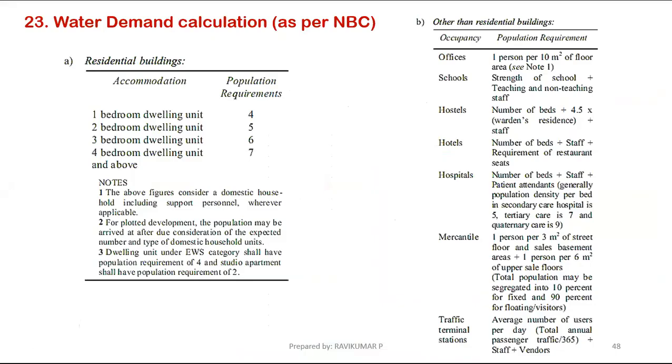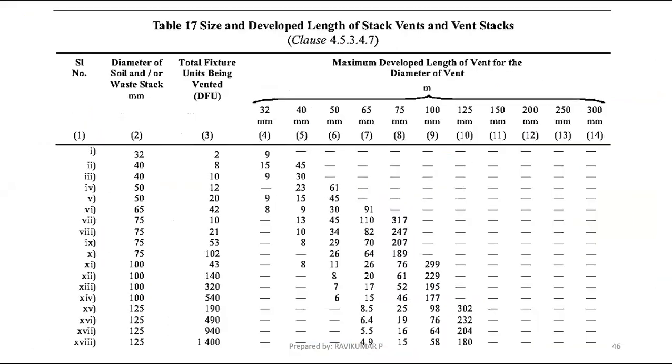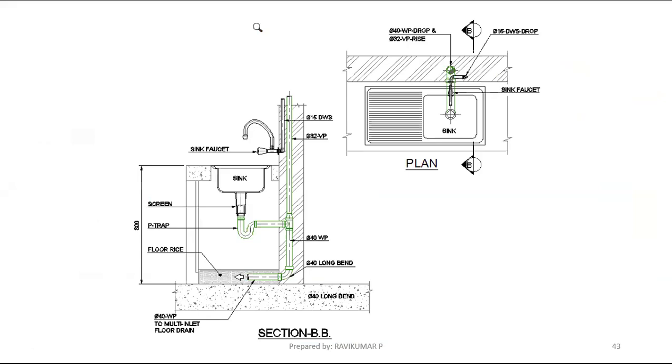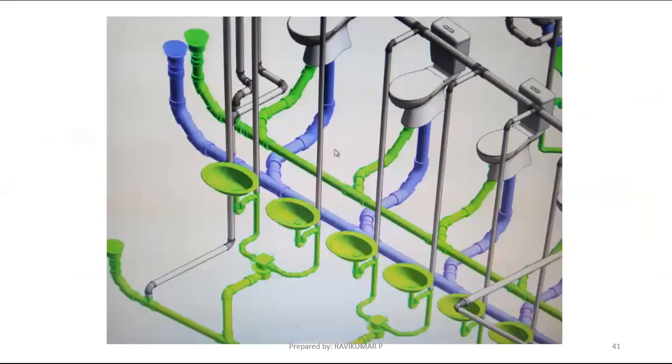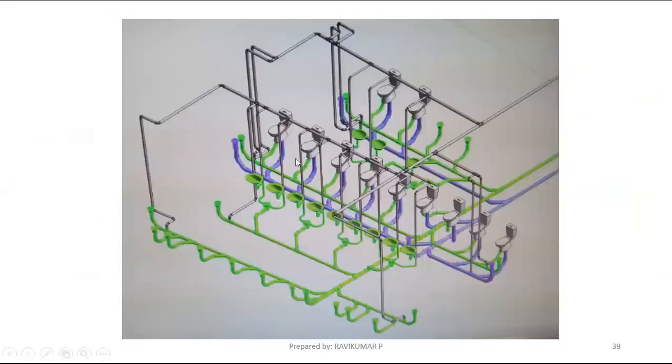Sir, do you have the schematic for the vent pipe system here? I think you already showed it for the soil and the waste pipe. Can you show us the vent pipe schematic? No, normally the vent pipe we will connect like that only, so we will not put a separate schematic for the vent pipe. Sir, I think before you showed us a schematic in the single stack and double stack system.